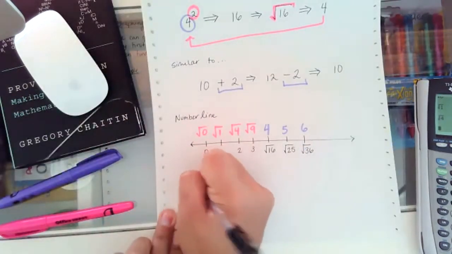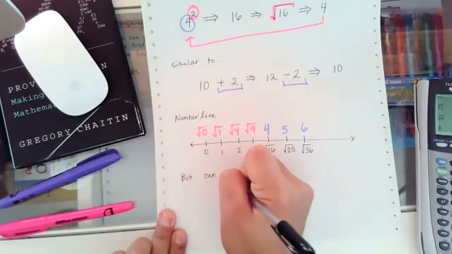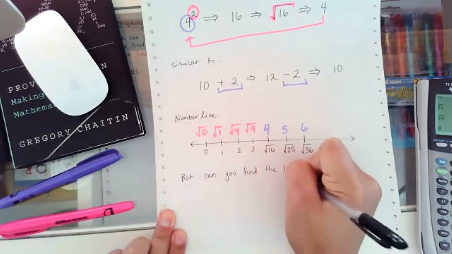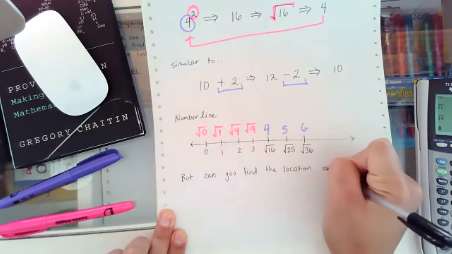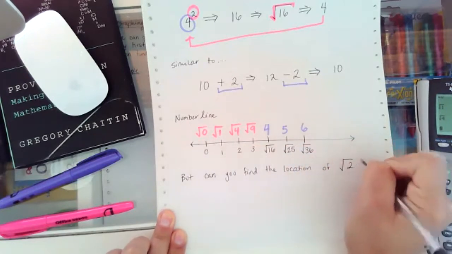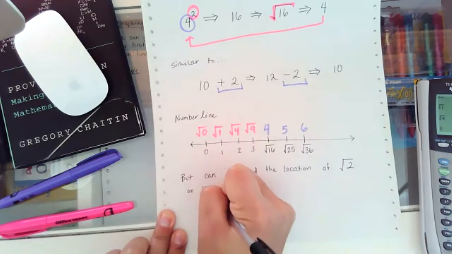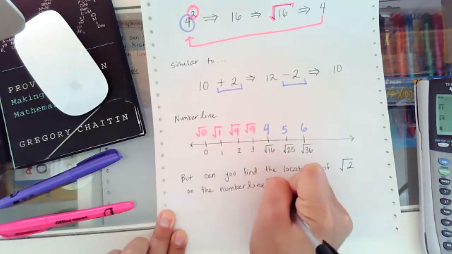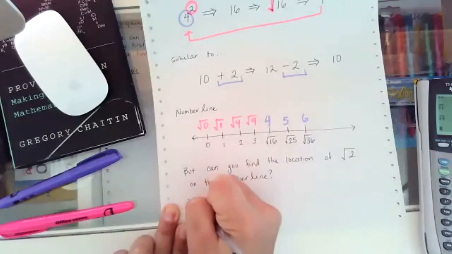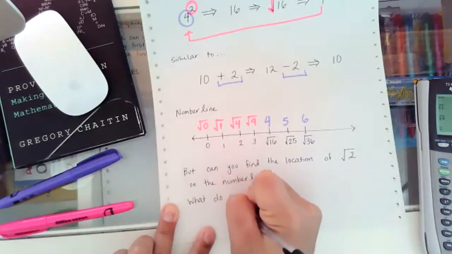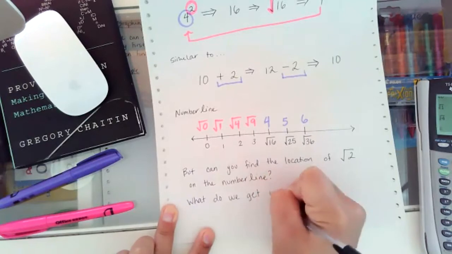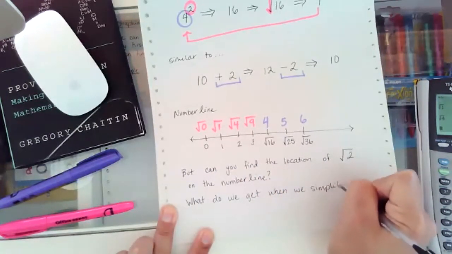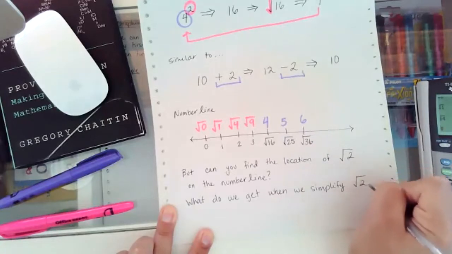But can you find the location of the square root of 2 on the number line? In other words, what do we get when we simplify the square root of 2?